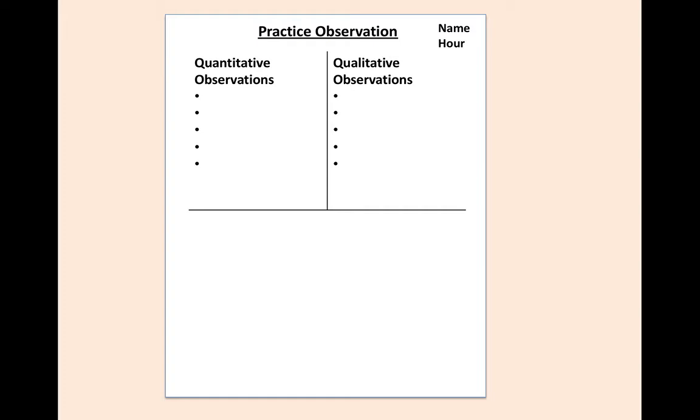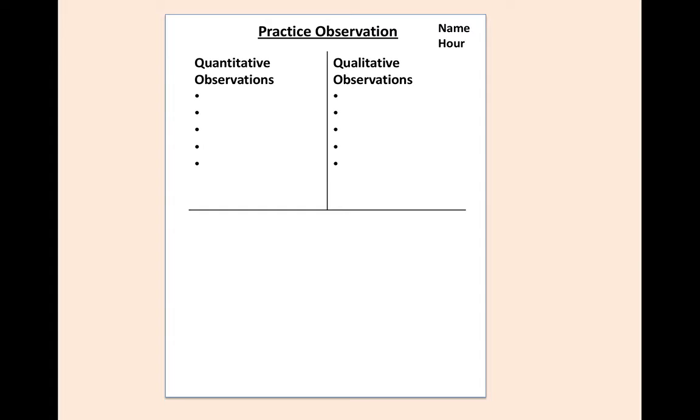Okay, now remember that quantitative means things that involve numbers. So this could be measuring, this could be counting. You may want to use a ruler. Actually, I'm highly suggesting you use a ruler. And qualitative observations are going to be things that do not involve numbers.